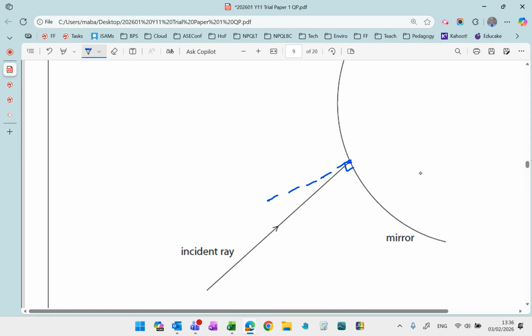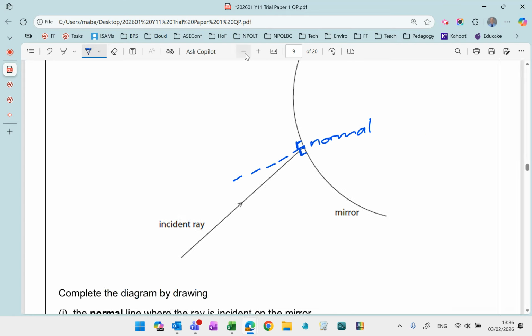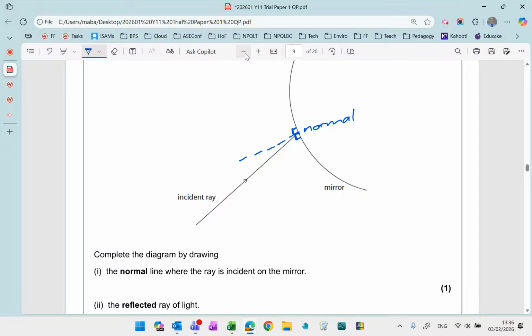So you can see on this side, 90 degrees, on that side as well, that should be 90 degrees. It's probably not a good idea to label it up as your normal. It's traditional to draw a normal as a dotted line, but don't panic if you didn't do that. That's just one to remember for next time.